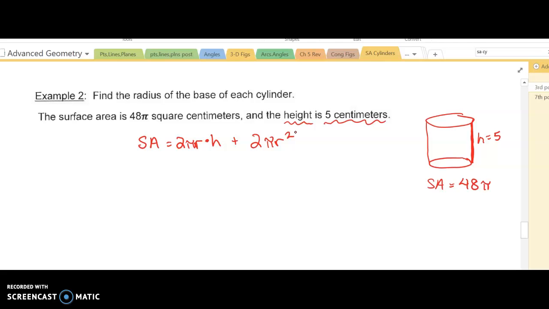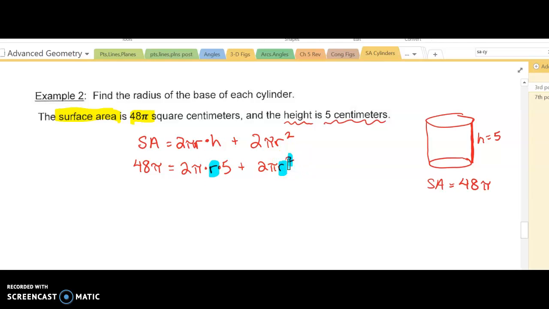Okay, so what do we know? We know this 48 is the surface area, 48 pi. So let's plug that in. And we also know our height, so this would equal 2 pi times r times 5 plus 2 pi r squared. We've got a couple of different r's here that we're going to have to deal with.